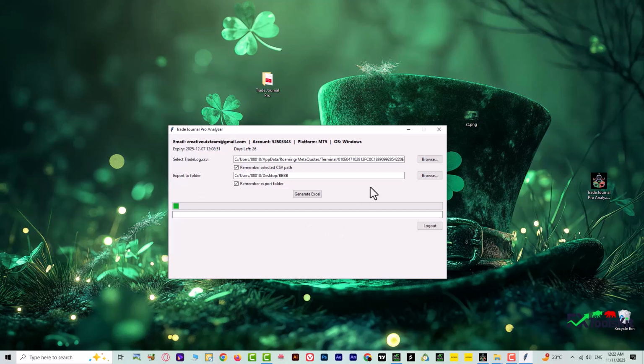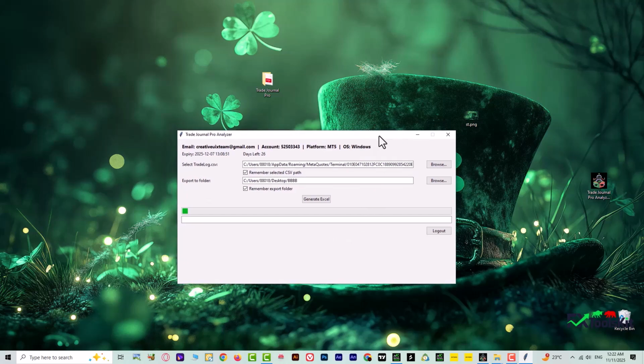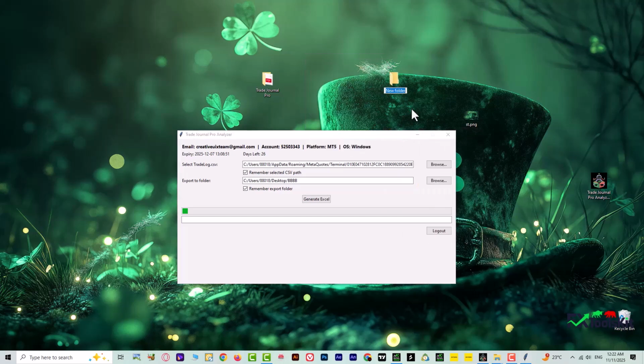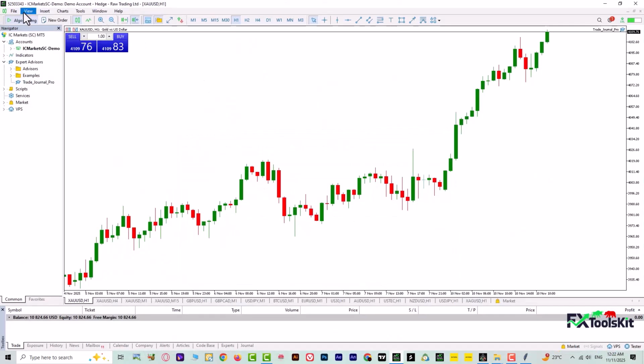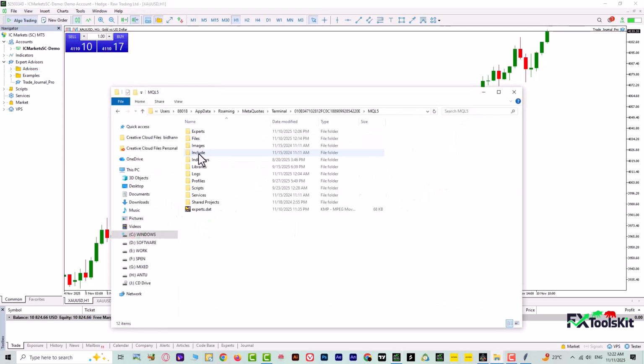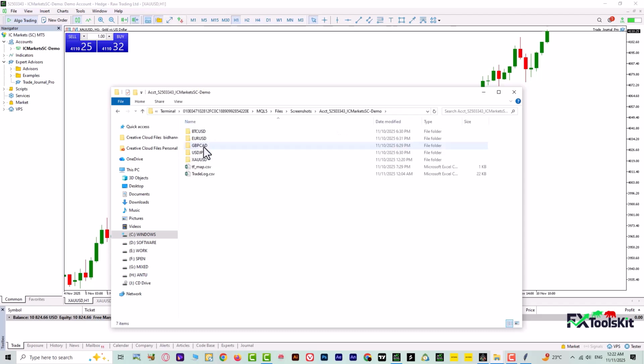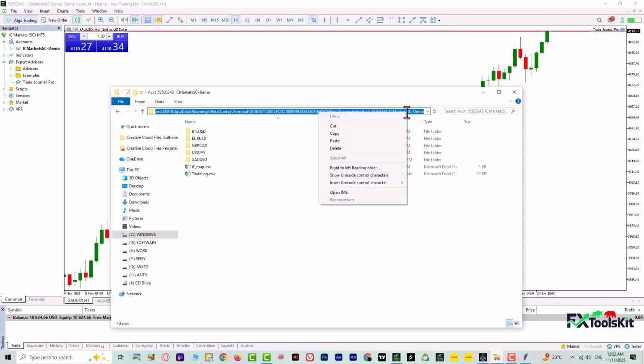After logging in successfully, make a folder on your desktop or your suitable location where you save the XLSX file. So I am making a folder on my desktop and giving it a name. Now open your MT4 or MT5 and go to the data folder, MT5, Files, Screenshot, your account number folder, and then copy the address location.